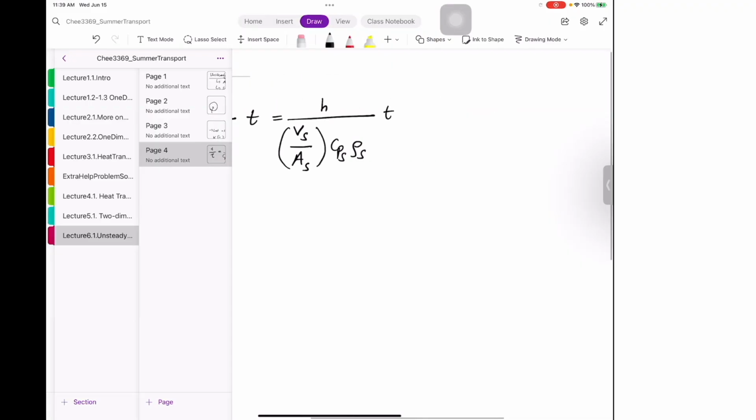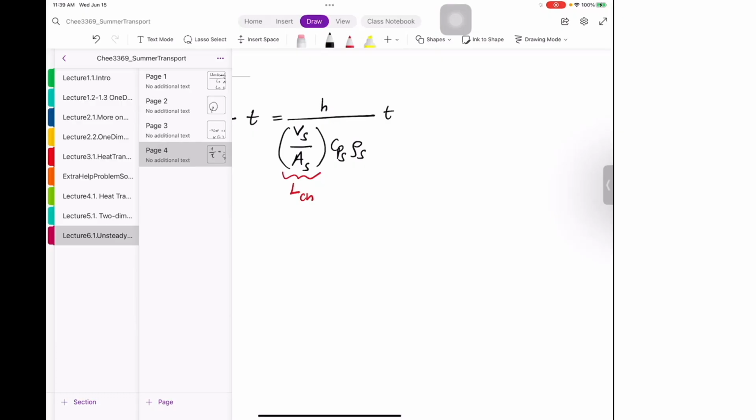And you can rearrange this by calling this thing L characteristic, because the volume divided by area gives you length dimensions, and it tells you something about the characteristic size of your system. Okay.